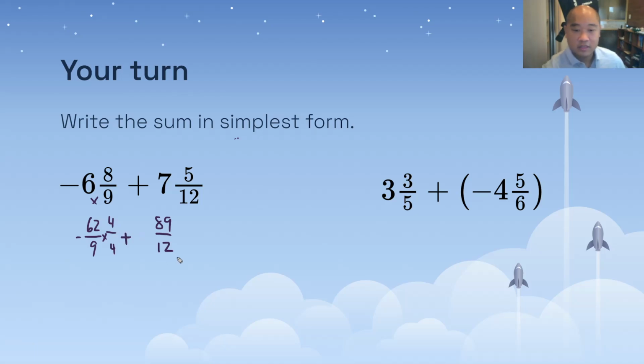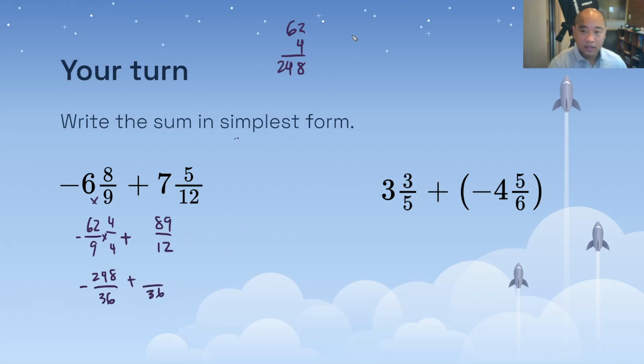Oh no, what's 62 times 4? Oh, I guess I'll just do it over here. 62 times 4, 8, 24. So that's 248 over 36. And then this is going to be times 3, right?